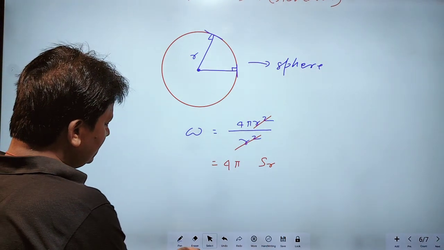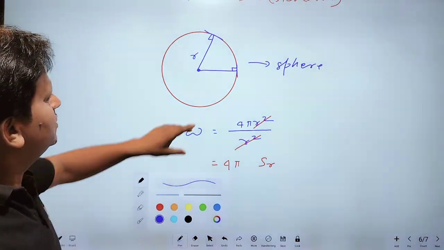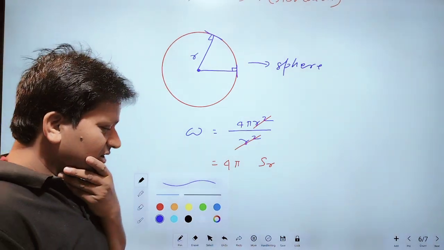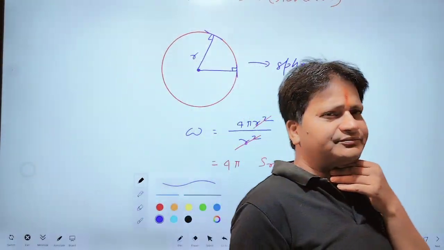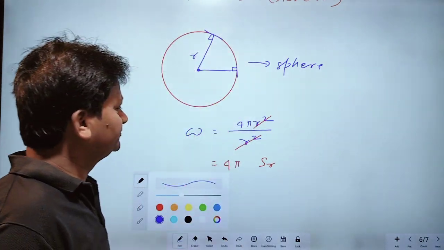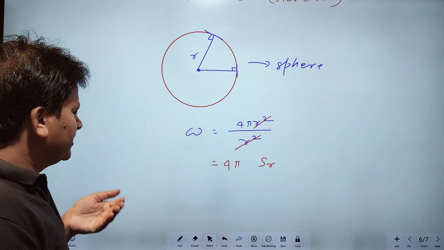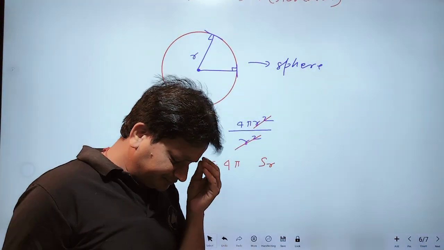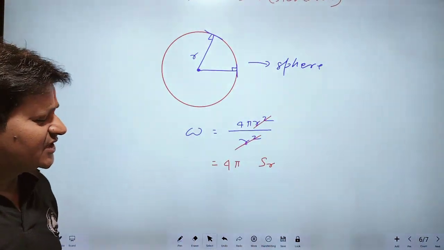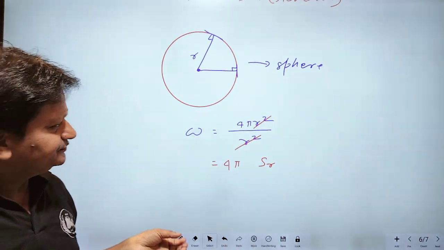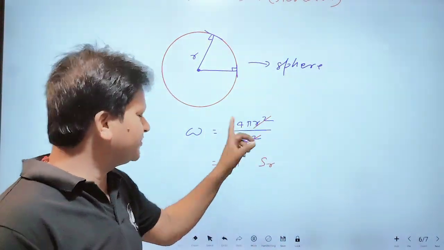Therefore, the surface of this sphere makes an angle at the center. What will be this angle? According to the definition, solid angle is defined as the ratio of total surface area perpendicular to r and r square.